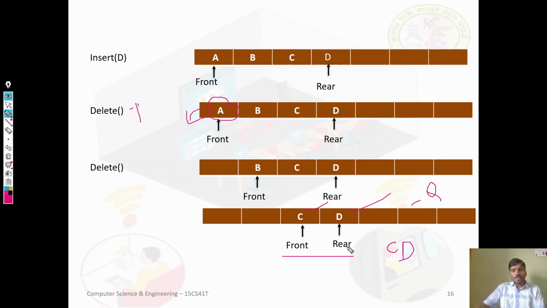After performing these many operations, C and D is the content of the queue. Understood, students? How we can demonstrate the insert and delete operations? So we have seen that through this example.